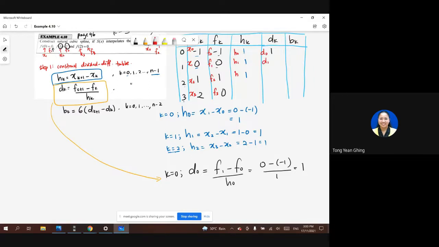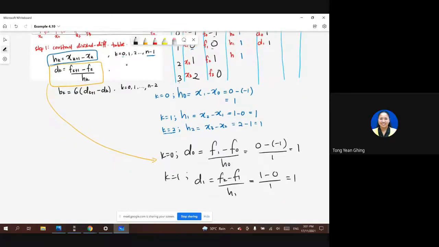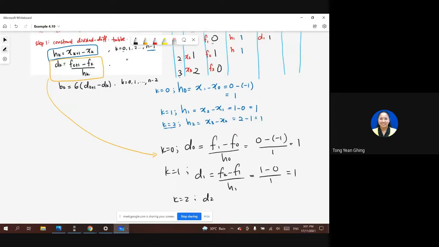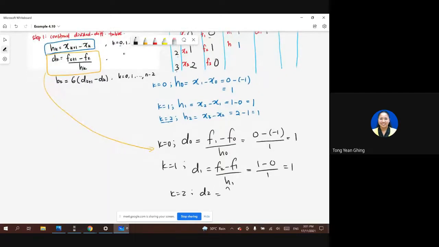And D1, K equal to 1. D1 equal to F2 minus F1 divided by H1. So that means F2 is 1 minus 0 divided by 1. So 1 as well. So this is 1 as well. And then K equal to 2, D2 equal to F3 minus F2 divided by H2.